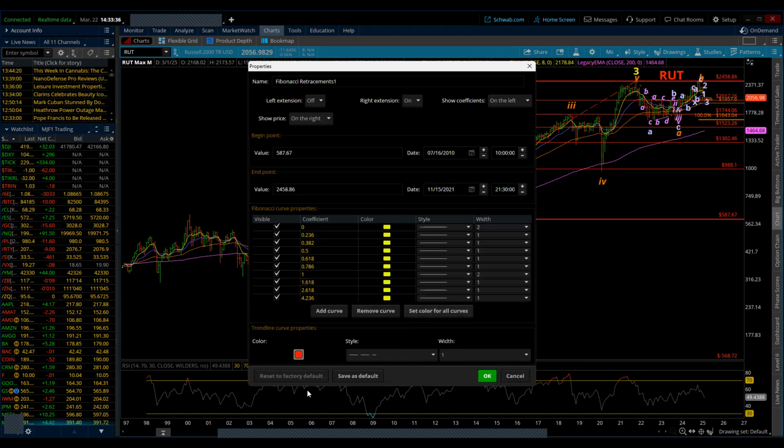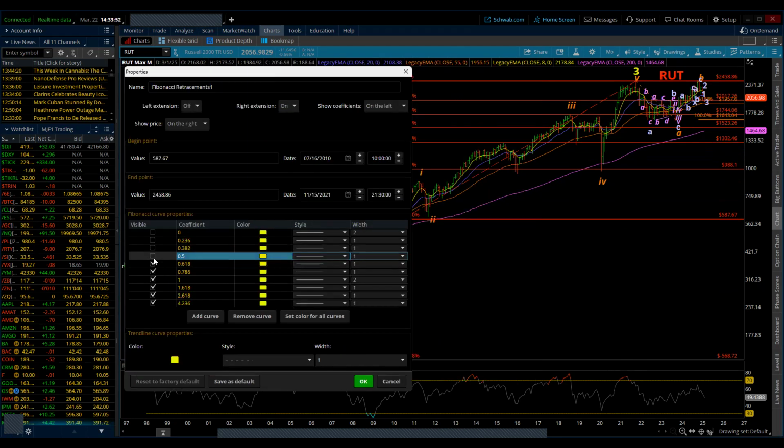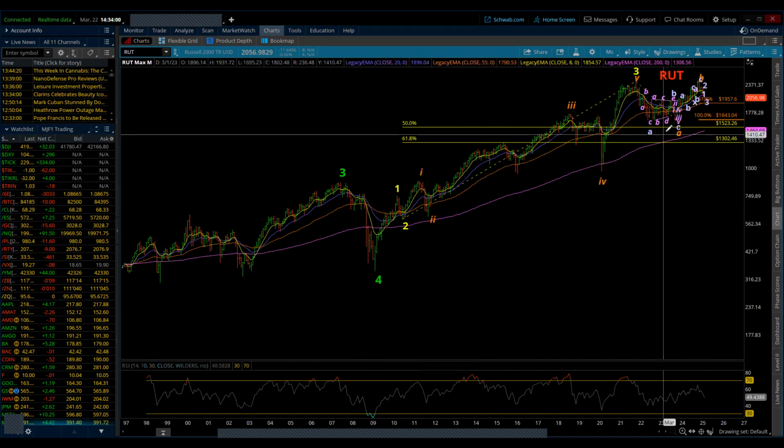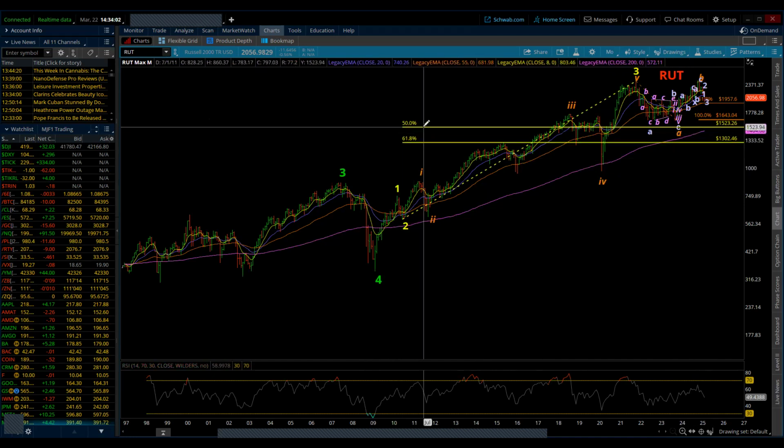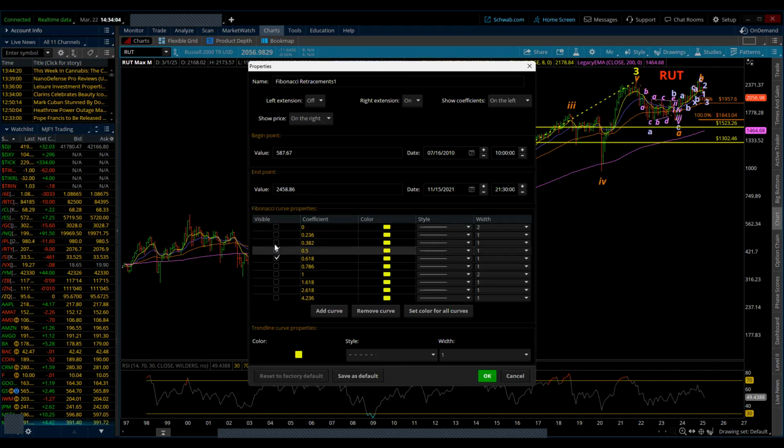Let's get rid of that because I can't stand that color. And we're going to look at 50 and 618. And I really don't think it should go much below that, even on an intermediate level. And let me just include 382 because that's the most common.